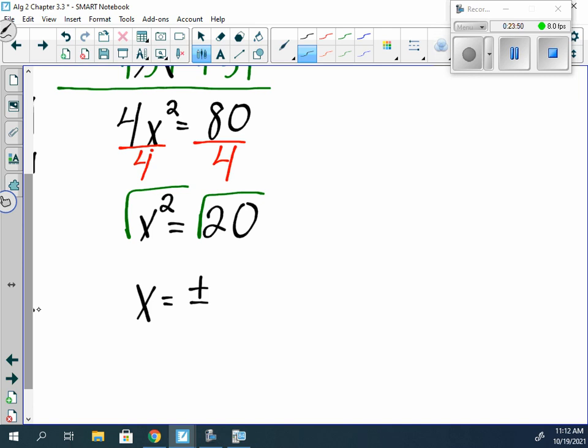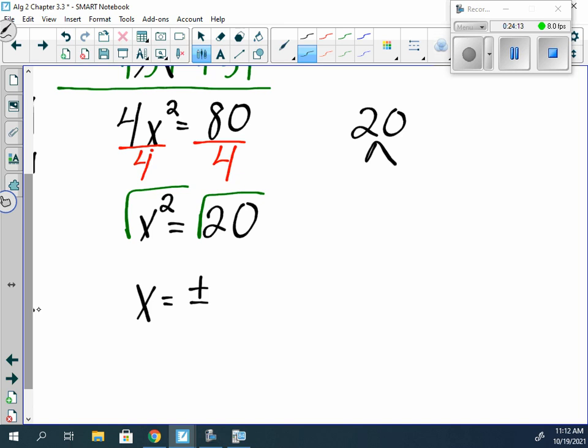What is the square root of 20? Yes, it's a non-repeating, non-terminating decimal. It's an irrational number. Because if we look at 20's factors, because again, whenever we take the square root, we're looking for a number times itself. Now, the square root of 1 is 1.